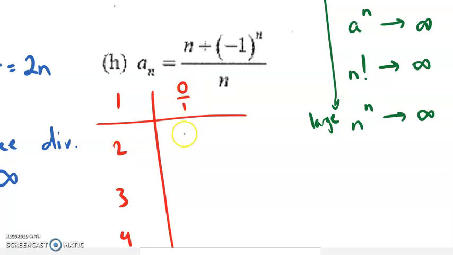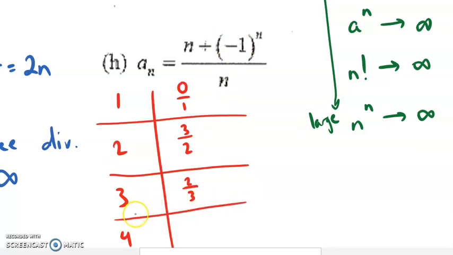When n equals 2, we get 2 plus 1, which is 3, over 2. When n equals 3, we get 3 minus 1, which is 2, over 3. And when n equals 4, we get 4 plus 1, or 5, over 4.